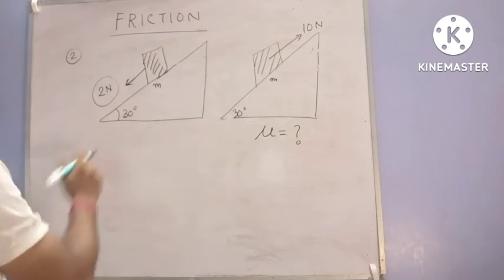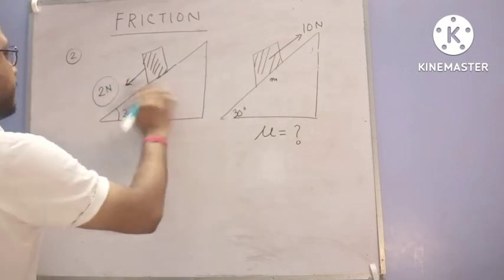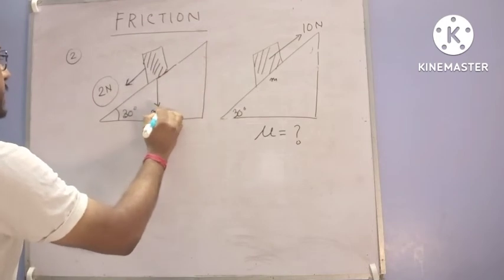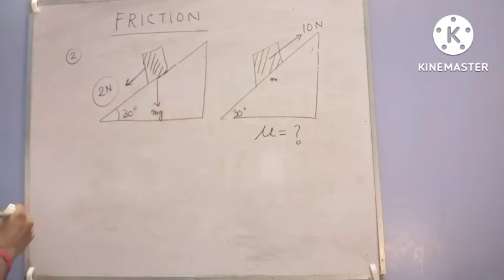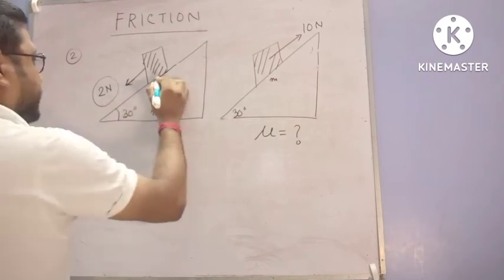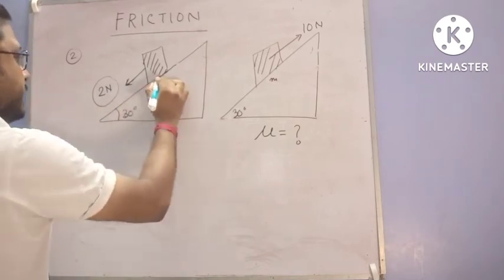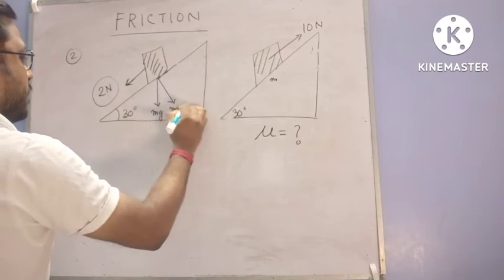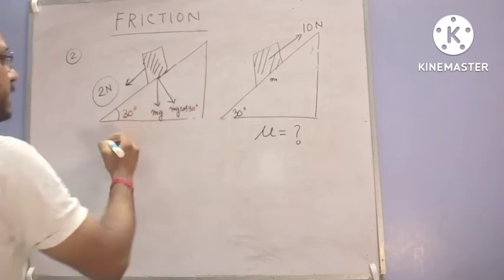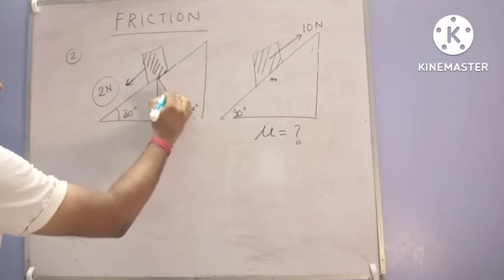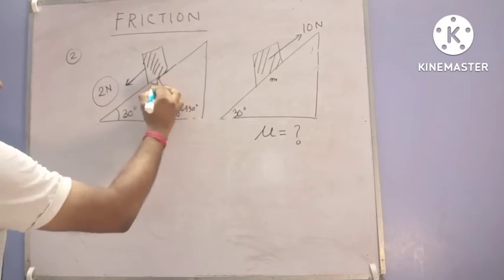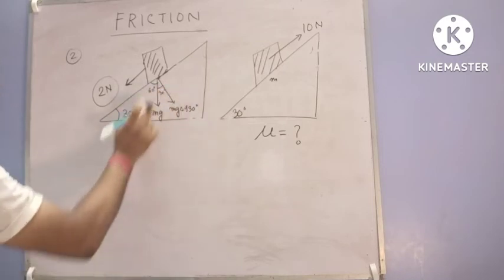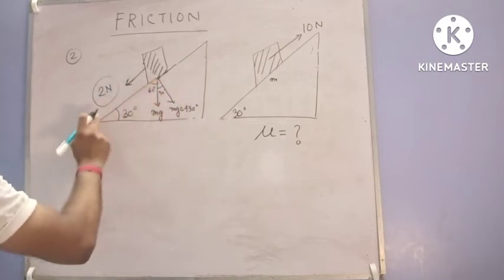Situation 1. For the inclined plane, the weight mg acts along this direction, and if this is 30 degrees, the perpendicular component is mg cos 30 degrees. Why? Because if we take this as 60 degrees and this as 30 degrees, this is the perpendicular force.